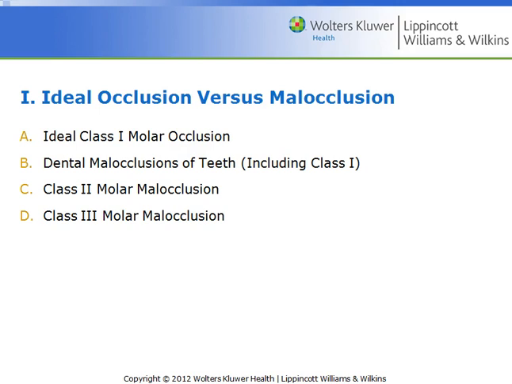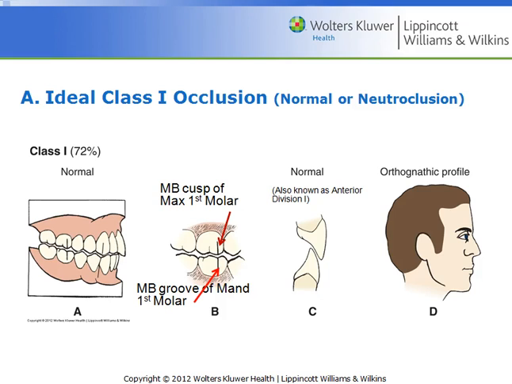An ideal occlusion is considered class 1 molar. Dental malocclusions of the teeth include class 2, class 3, and some class 1. In class 1 occlusion, the mesiobuccal cusp of the maxillary first molar aligns with the mesiobuccal groove of the mandibular first molar.